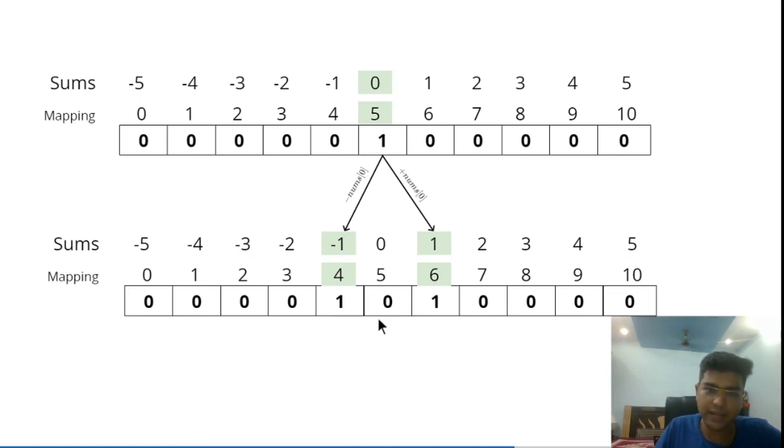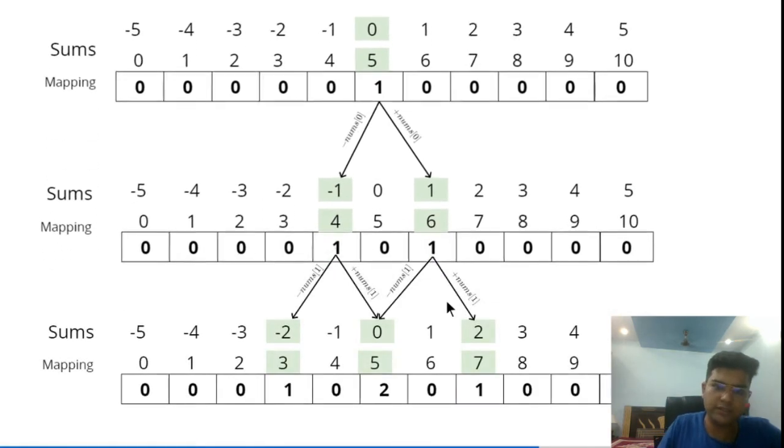This is how we calculate the frequency. So if I subtract 1, or if I add 1, for these values of sum we'll have one possible outcome. And what if I want to know the frequency of 0 if I have two numbers? That is what the next step states.